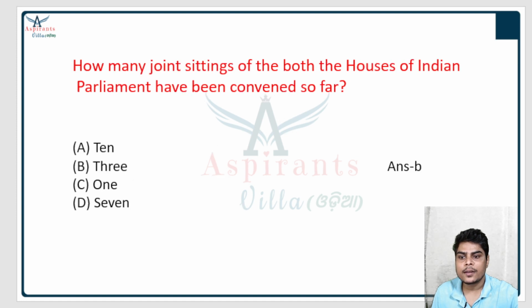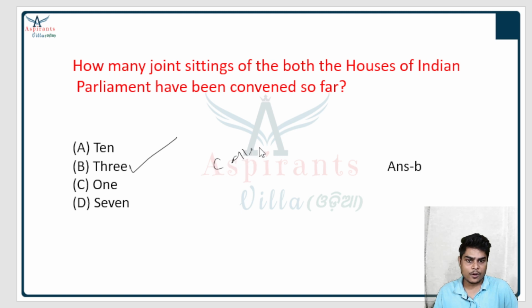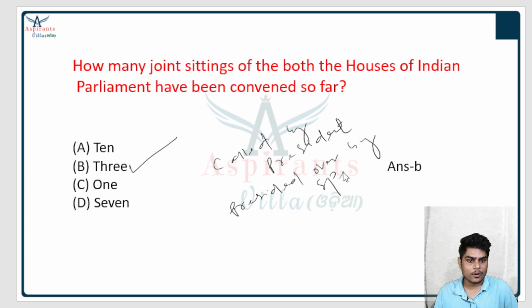Move on to the next question. How many joint sittings of both the houses of Indian Parliament have been convened so far? The right answer is B, 3 times. The joint sitting is called by the President and presided over by the Speaker.